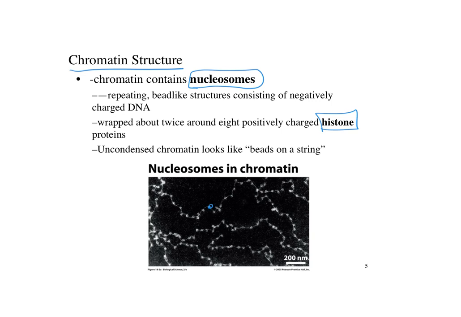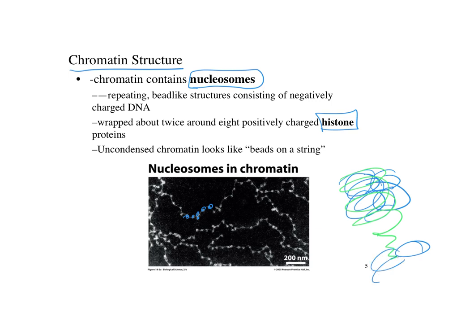Each one of those little guys is the nucleosome, with DNA wrapped around it. Then there's the linker region, another histone complex, DNA wrapped around it, another linker region. Linker, nucleosome, linker, nucleosome, linker, nucleosome.